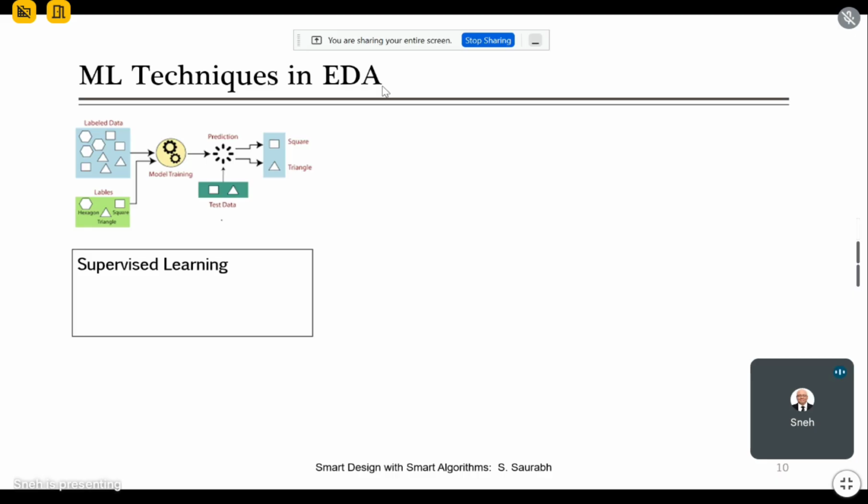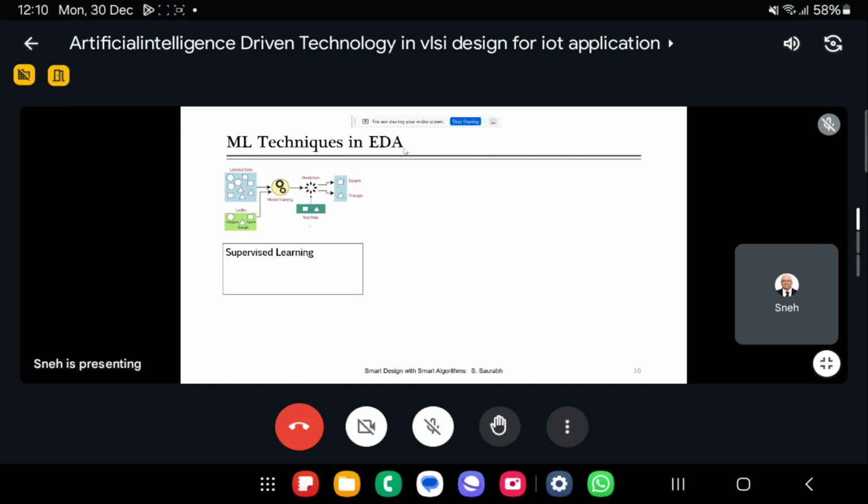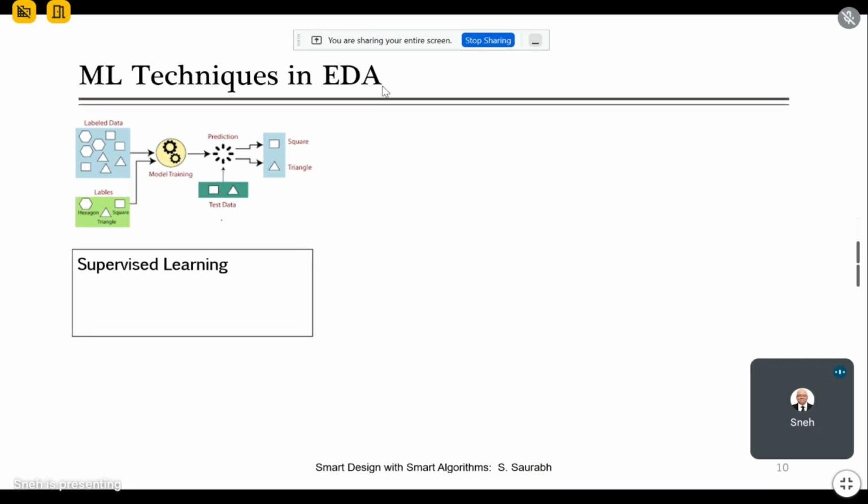See, this is a very simple term, right? Supervised learning is the way of learning in which a student has got a supervisor, right? That is a very layman way of explaining. Supervisor in this case means labels, right? Suppose you have lots of data, this geometric information, lots of shapes. Then what you do is tag each shape with a label. For example, this is a hexagon, this is a square, and this is a triangle, right?